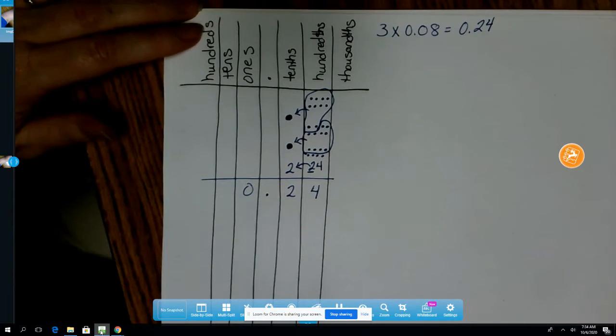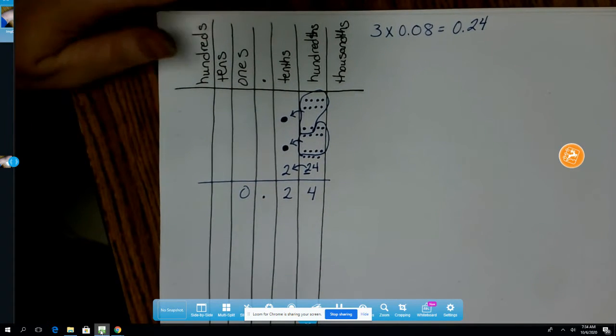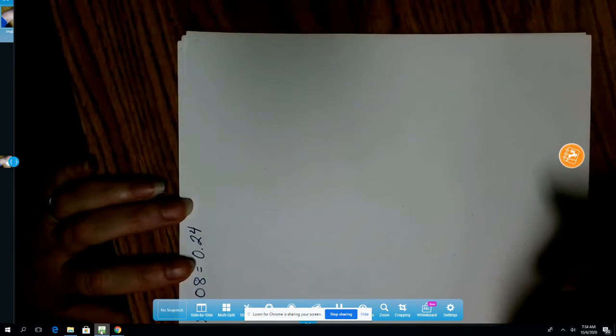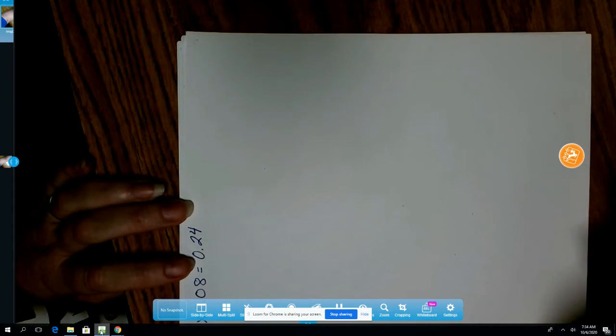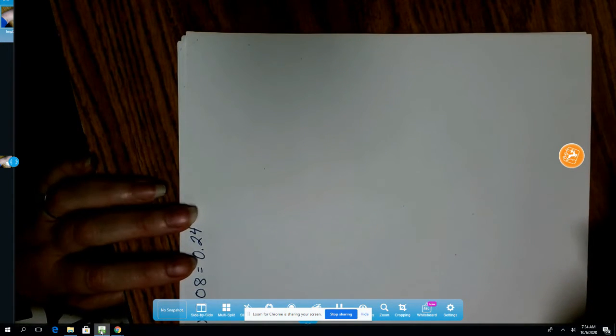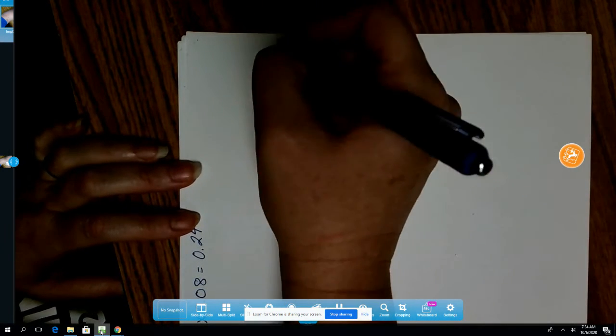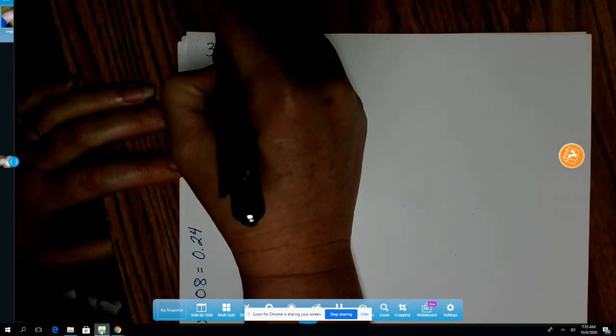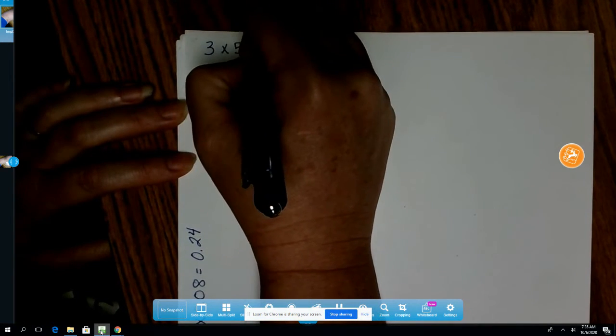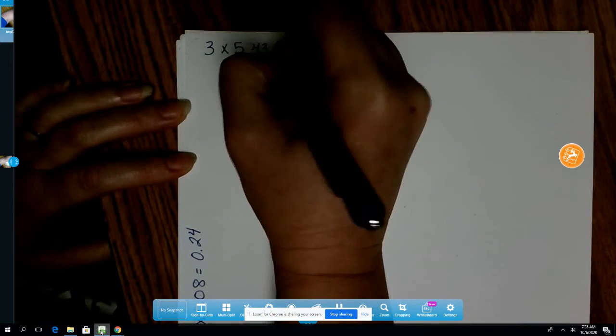So now let's take a look at how to multiply using an array. With an array, we're really just using some boxes very similar to the place values that we were just using. So for this problem, we have 3 times 5 and 43 hundredths.